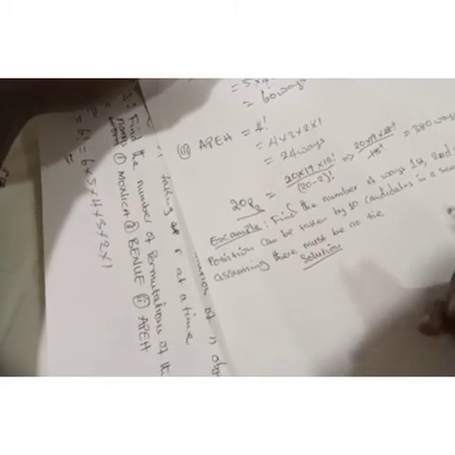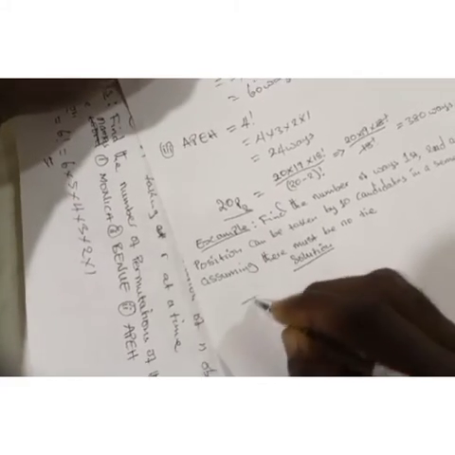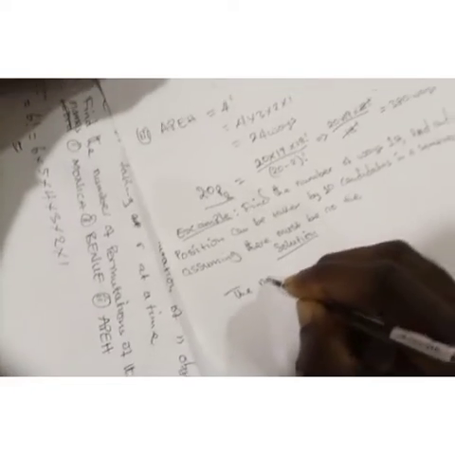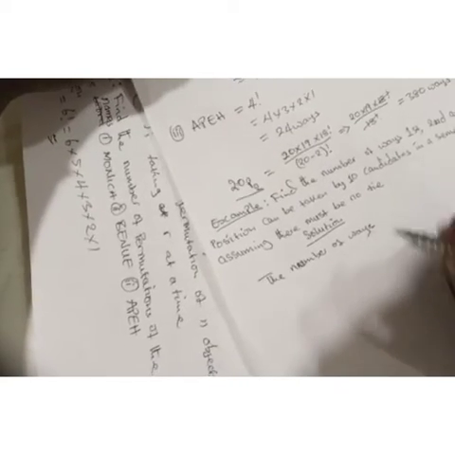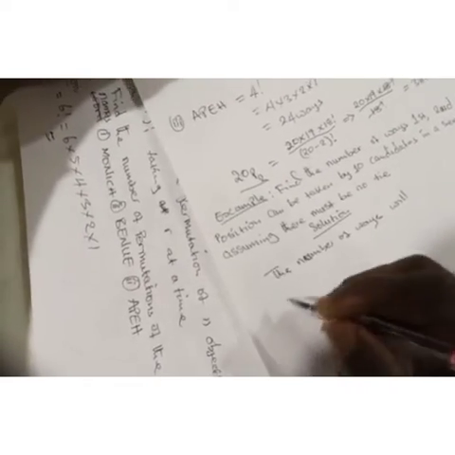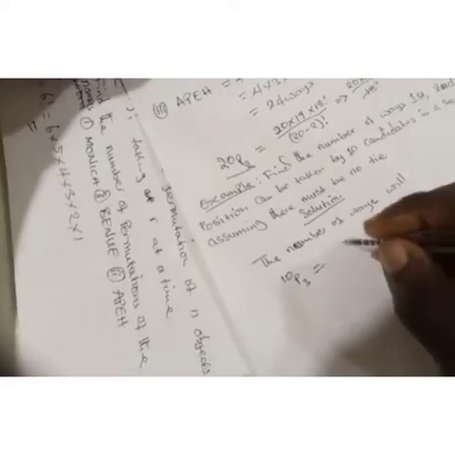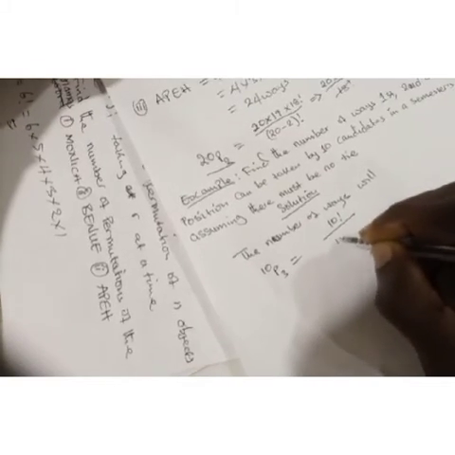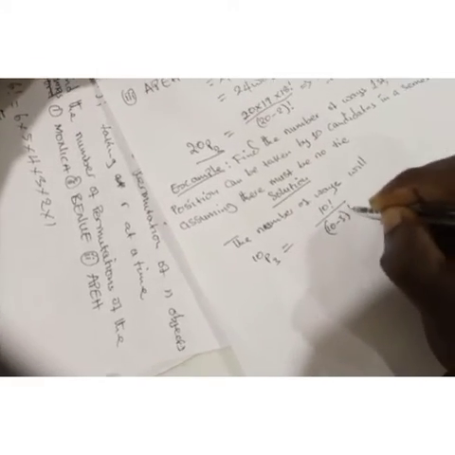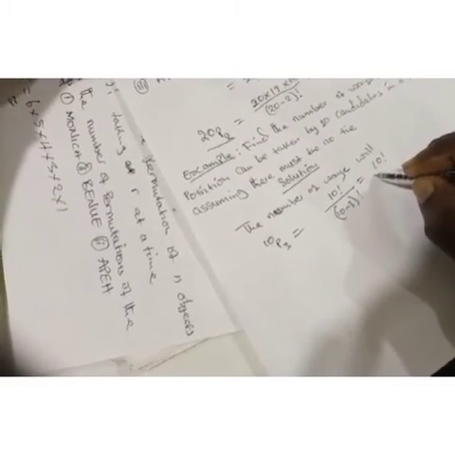The solution: the number of ways will be 10 permutation 3, which is equal to 10 factorial over 10 minus 3 factorial, which is equal to 10 factorial over 7 factorial.